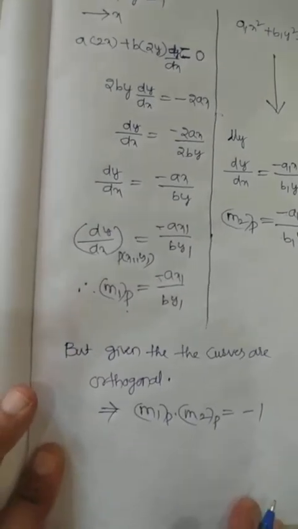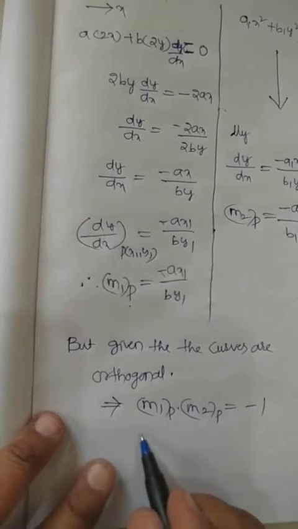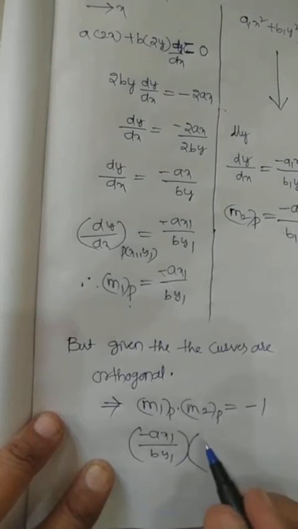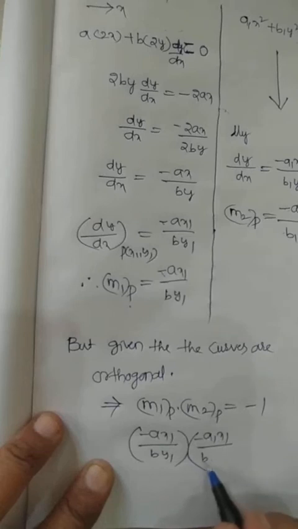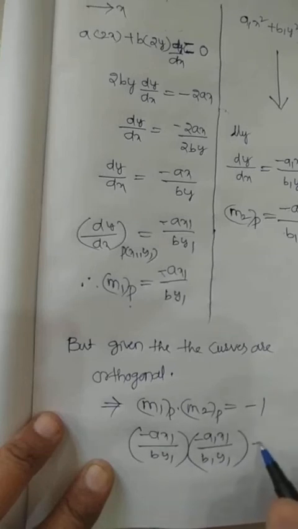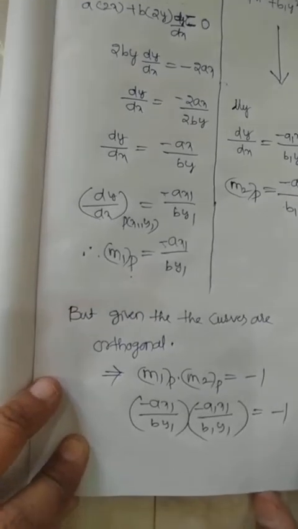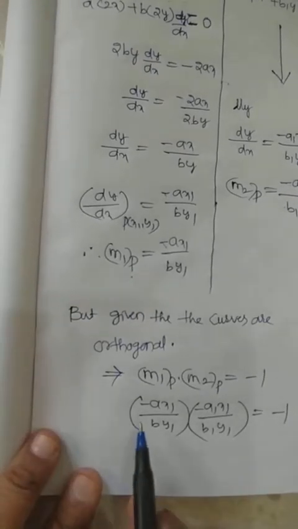Here m1 at p is minus ax1 by by1, into minus a1x1 by b1y1, is equal to minus 1. While simplifying, minus of minus gets plus.